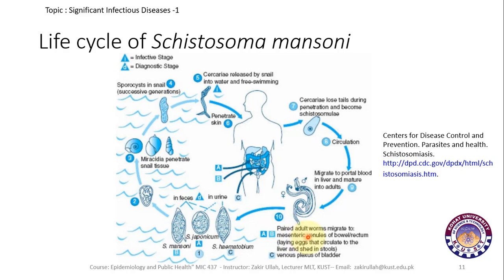Paired adult forms migrate to the mesenteric venules of the bowel and the rectum, where they lay their eggs, which circulate to the liver and are shed in stools. So, this is the life cycle of schistosomes. In the human life cycle, this is the infective stage, here it is the diagnostic stage, and this is the intermediate stage within the snail.